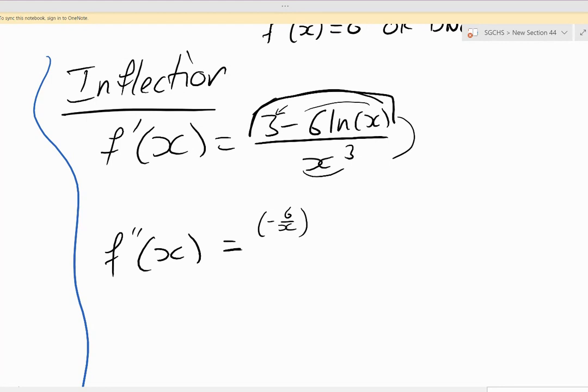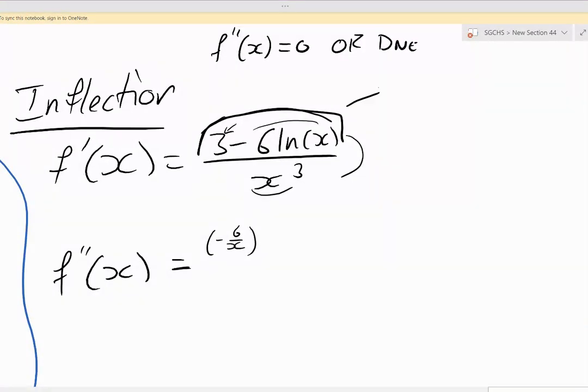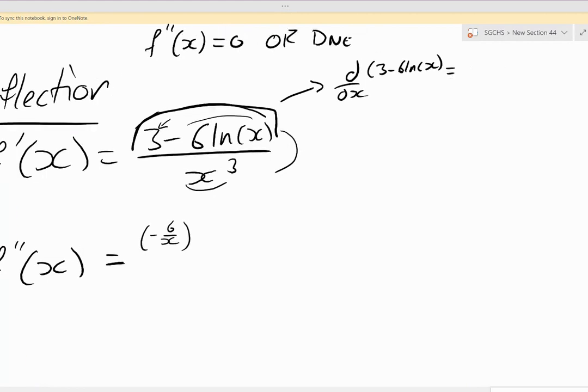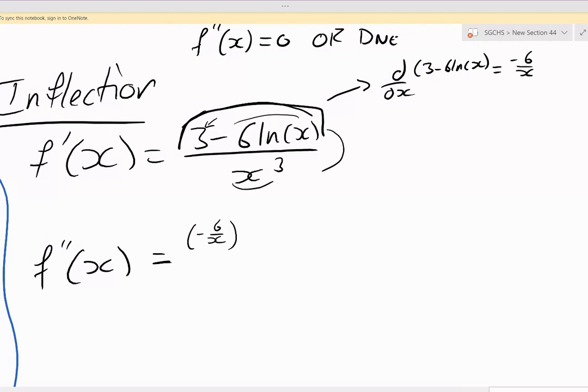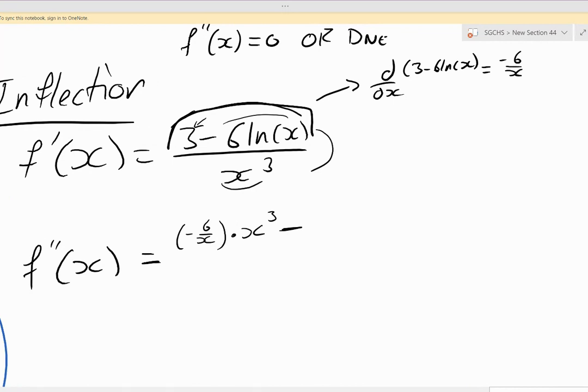That's because the derivative of 3 minus 6 ln x with respect to x is negative 6 over x. Then we multiply by my denominator, x cubed, and now I subtract since it's a quotient rule.